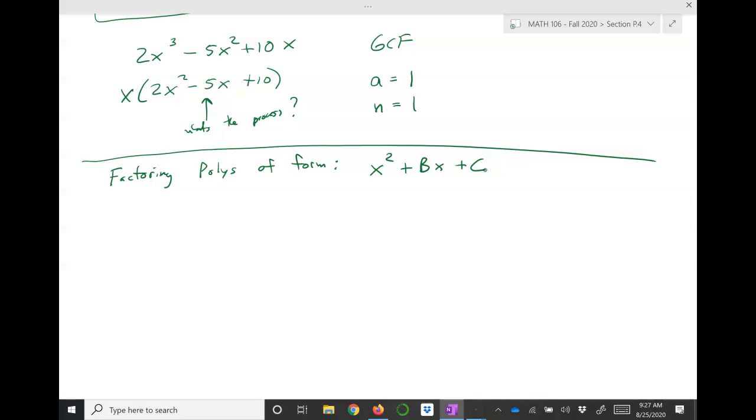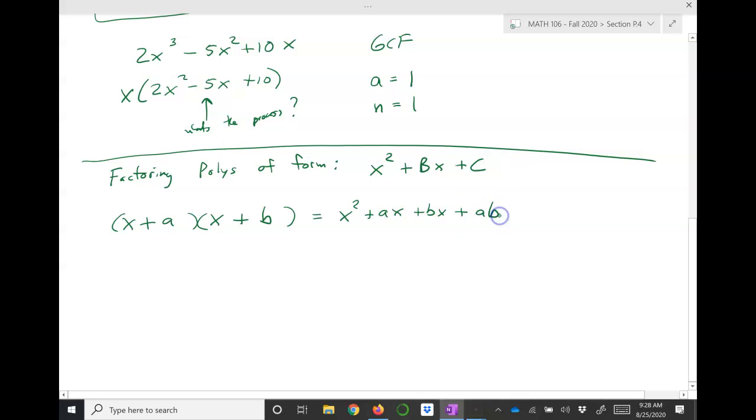Okay. All right, so let me just show you what this would look like. Let's say we were going to multiply this: x plus a times x plus b. So let's go ahead and see what that looks like. When we FOIL this, we're going to get x squared plus ax plus bx plus a times b.